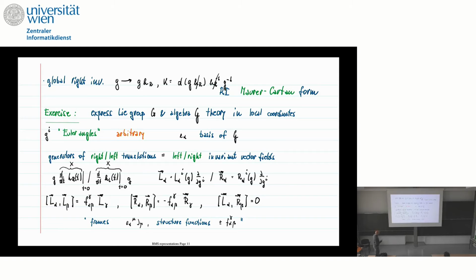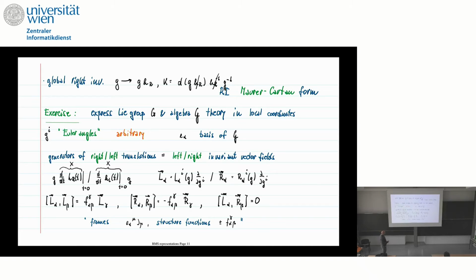If you do that, the standard exercise, you find that the generators of right translations are given by left invariant vector fields. You have to go through the construction. The generators of left translations are given by right invariant vector fields, and you just do the construction.